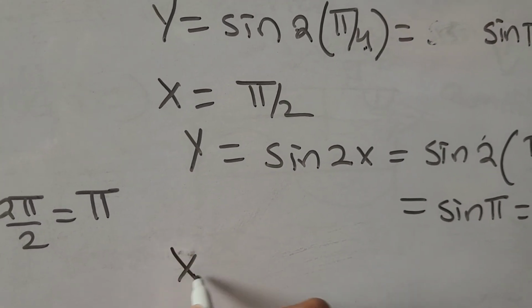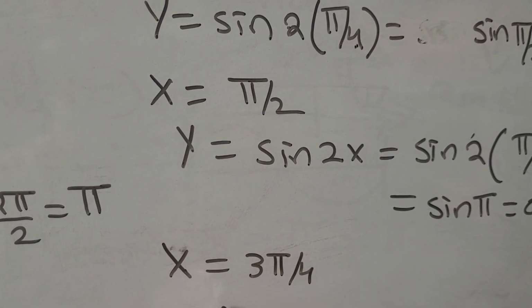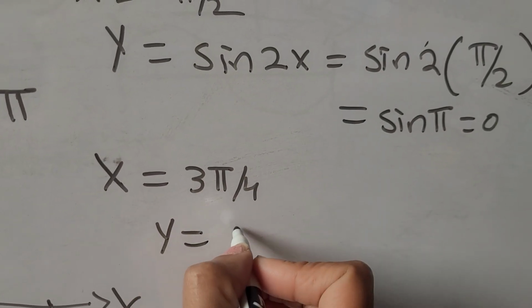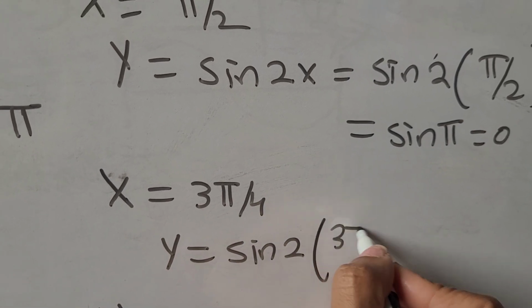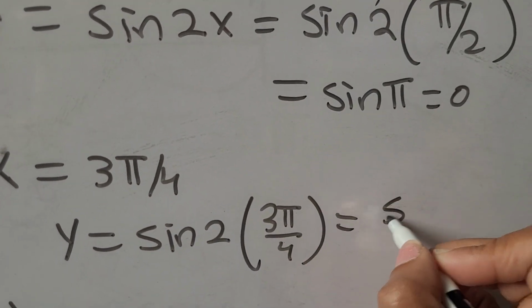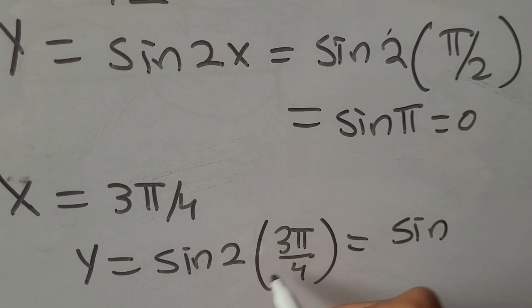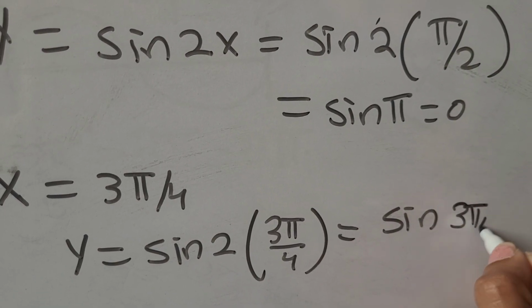And for x value of 3 pi by 4, my y value will be sine of 2 into x, which is 3 pi by 4, which is sine of 2 times 3 pi by 4, so it will be sine 3 pi by 2.